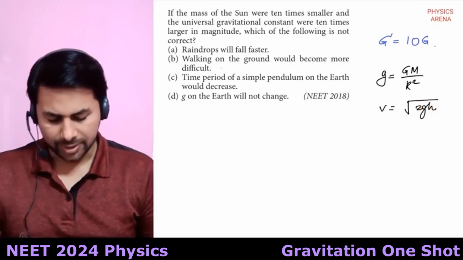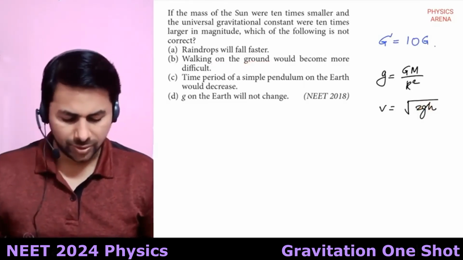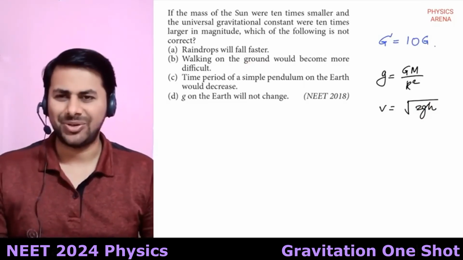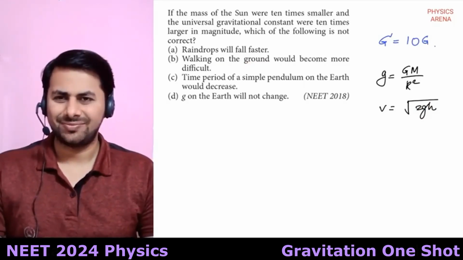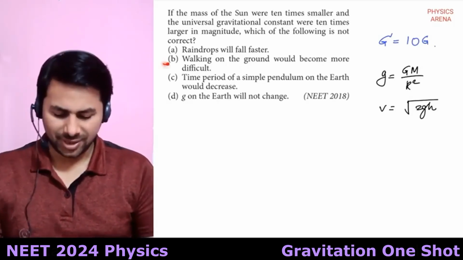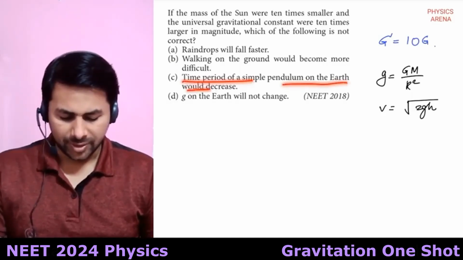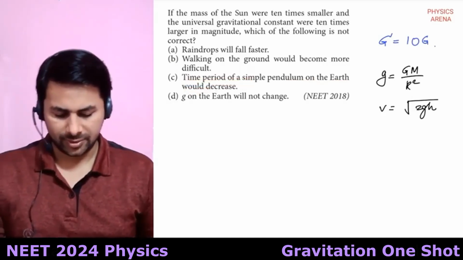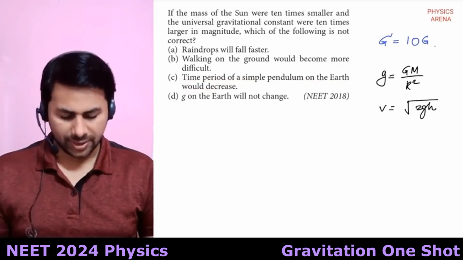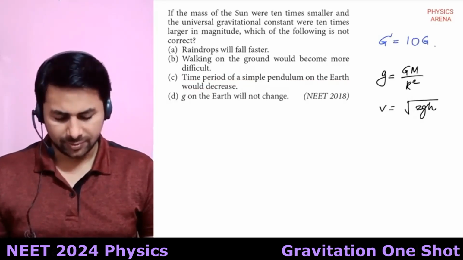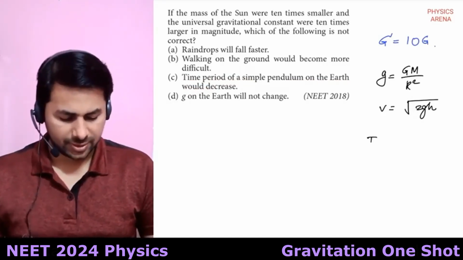Okay. Next, walking on the ground would become more difficult. Will this happen or not? So this is also correct. Time period of simple pendulum on Earth would decrease. It will decrease or increase? It will decrease.